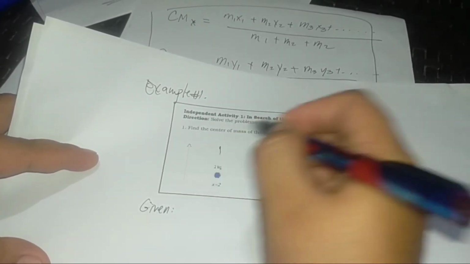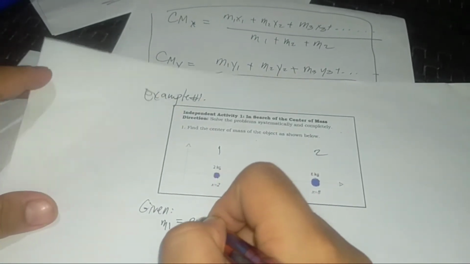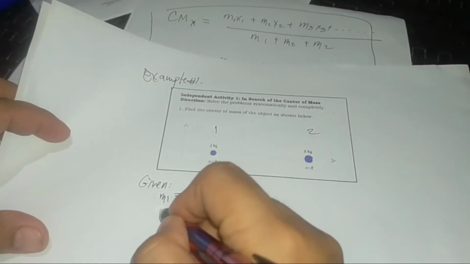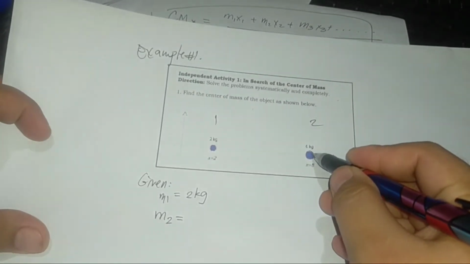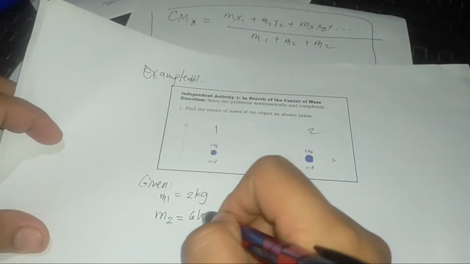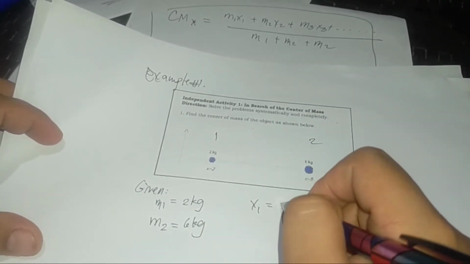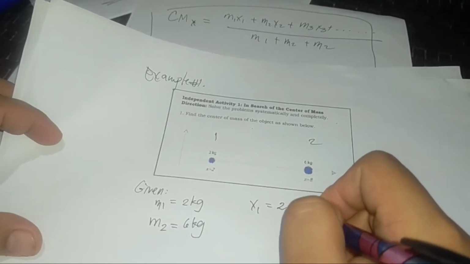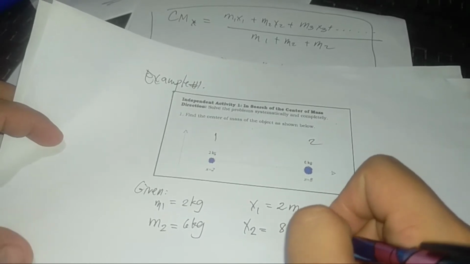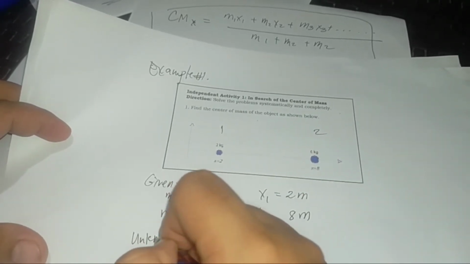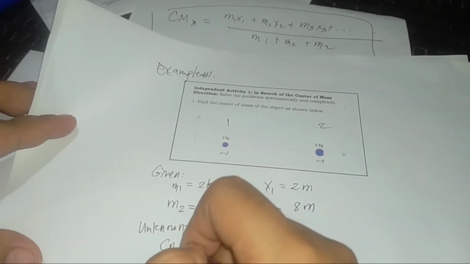Let's assume this one is 1, this one is 2. So we have mass 1 equal to 2 kilograms, mass 2 equal to 6 kilograms, x1 is 2 meters, and x2 is 8 meters. Our unknown is the center of mass.